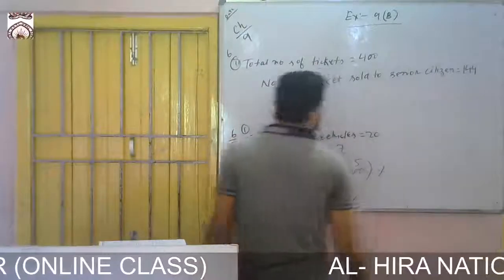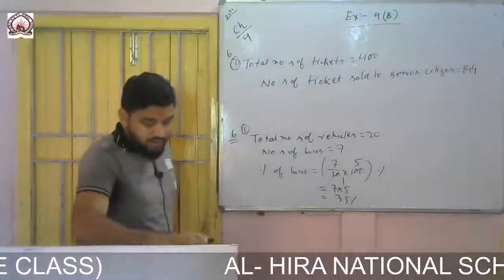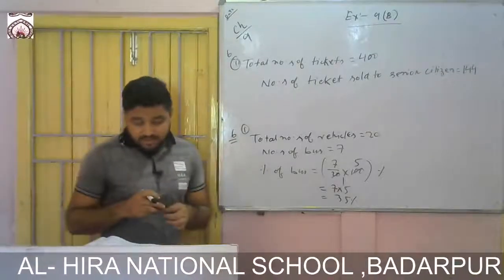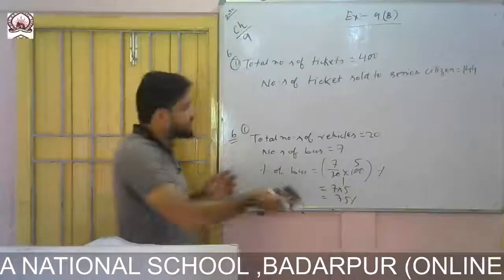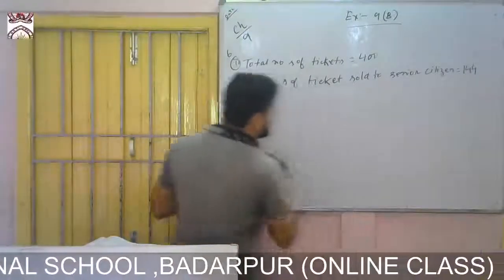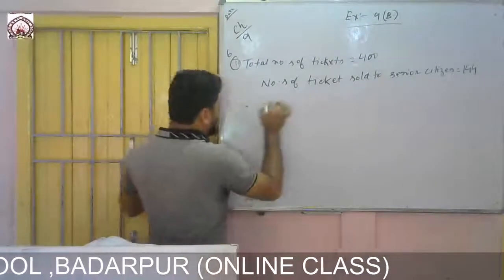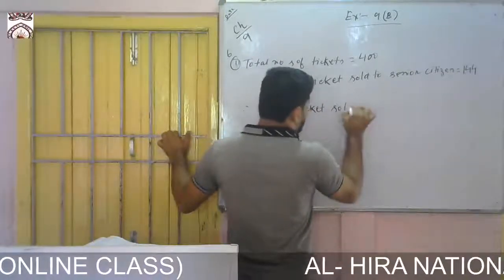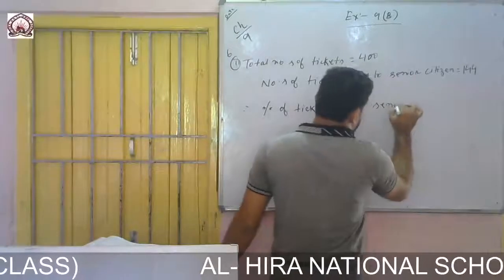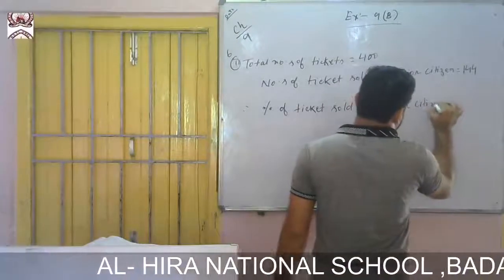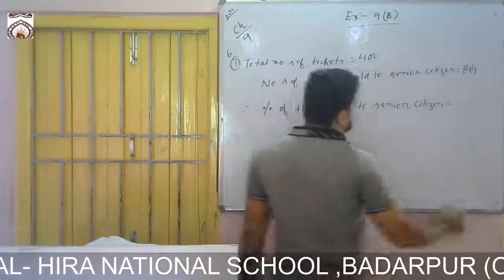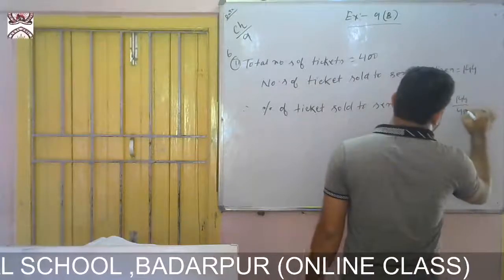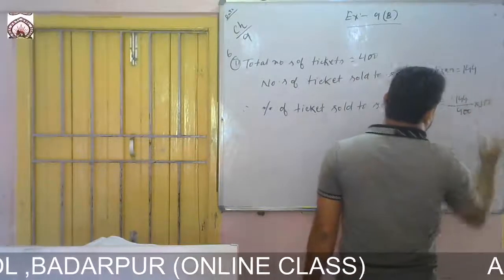Now we need to find what percentage were sold to senior citizens. So write the percentage of tickets sold to senior citizens will be 144 by 400 into 100.